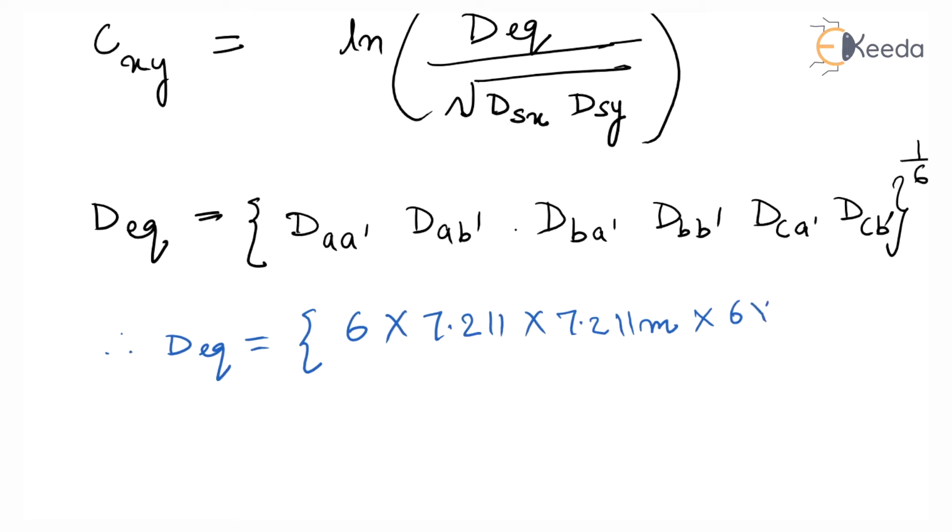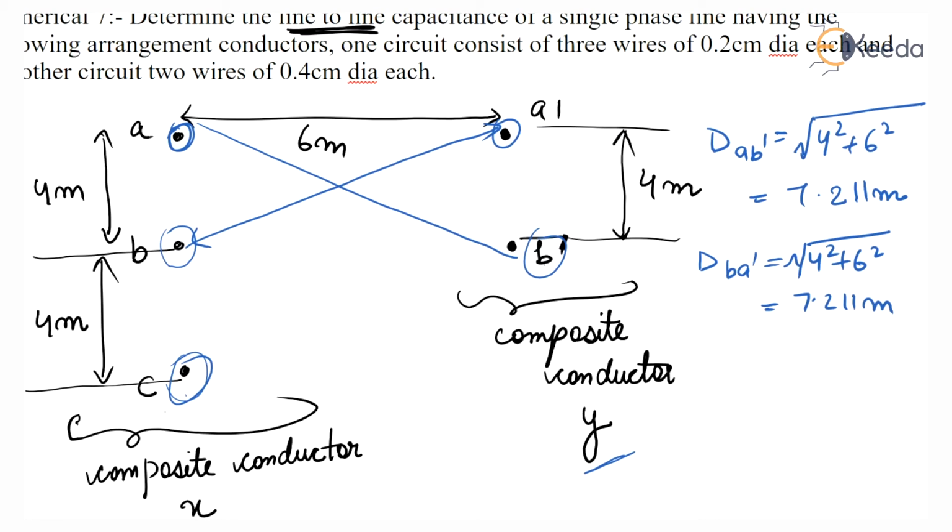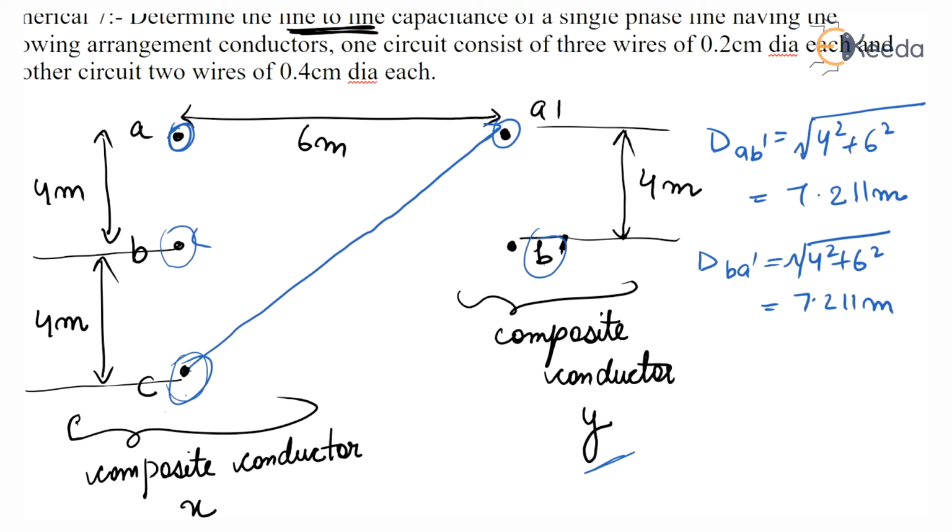Into 6 into the distance from C to A dash. The total distance here is 4 plus 4, 8. So the distance from C to A dash is the square root of 8 square plus 6 square, which is the square root of 100, that means 10.